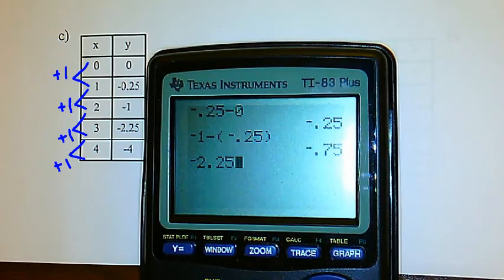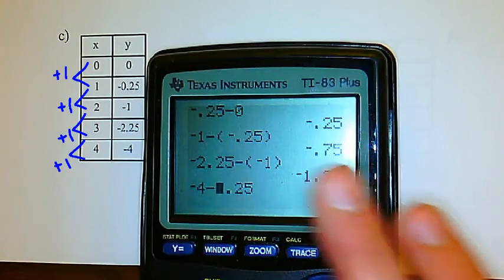Negative 2.25 minus negative 1, that one I subtracted 1.25. And in the last one, 1.75.